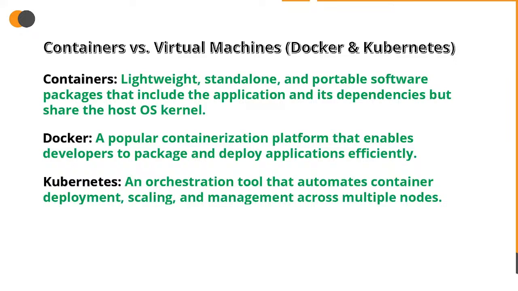Docker is a popular containerization platform that enables developers to package and deploy applications efficiently. So simply, Docker is an example of a container. And Kubernetes is an orchestration tool that automates container deployment, scaling, and management across multiple nodes.